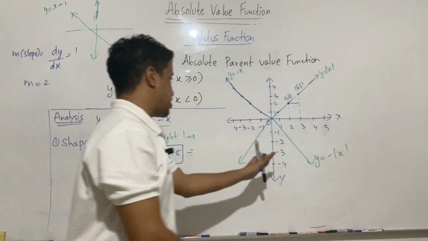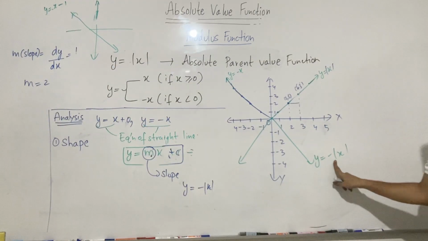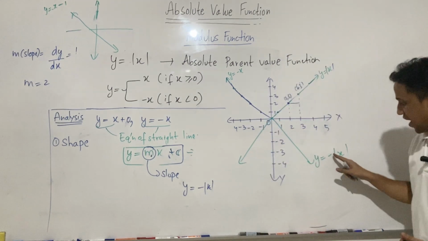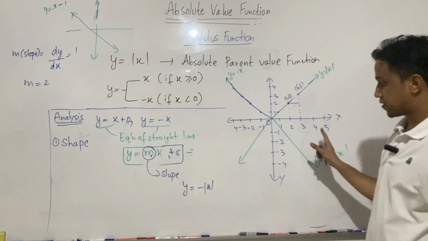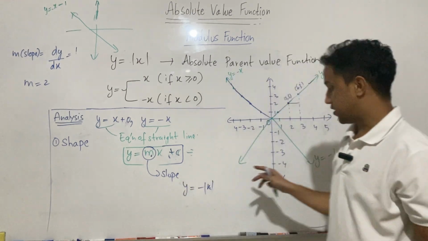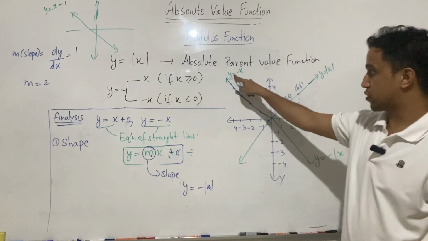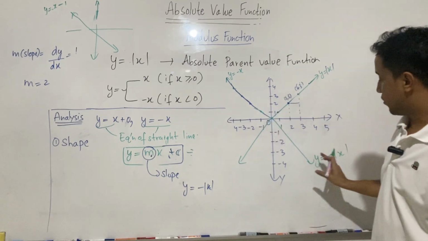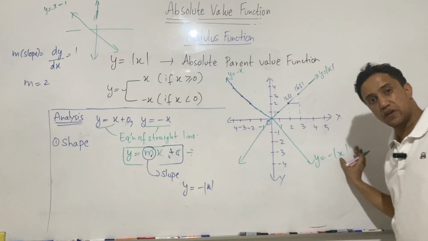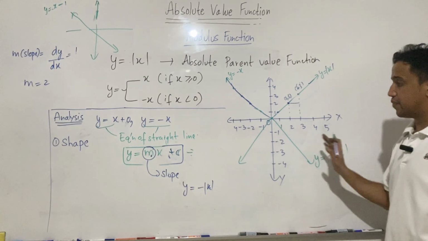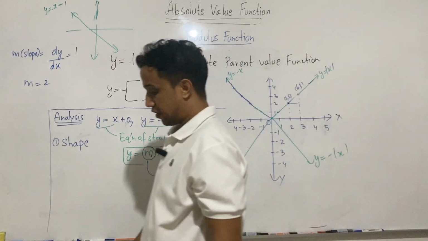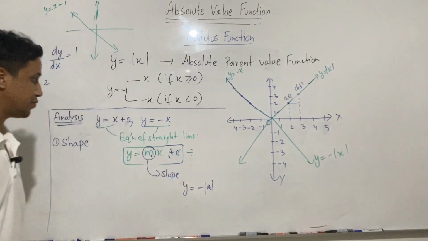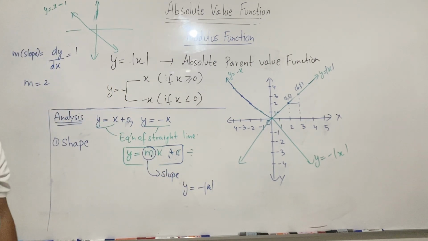So same here, if your slope is positive, or if the value outside the modulus function is positive, then your graph will open upward. But if the value outside your modulus function is negative, then your graph will open downward. I hope this is clear to you.